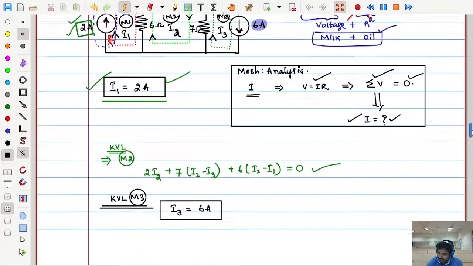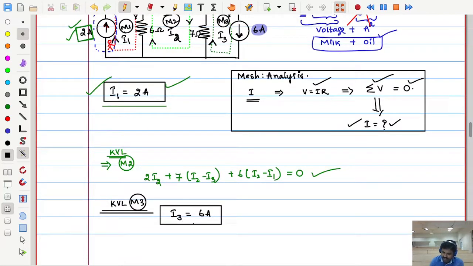What can I do now? I can substitute this I1 and I3 in the KVL equation for mesh 2, thereby I can get I2. Yes or no? I1 is known, I3 is known. I can put those values over here to get I2. Clear the point?